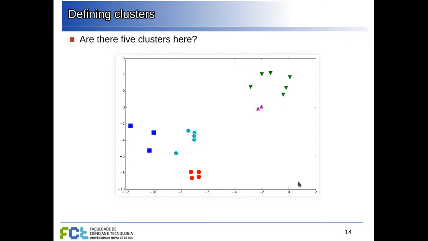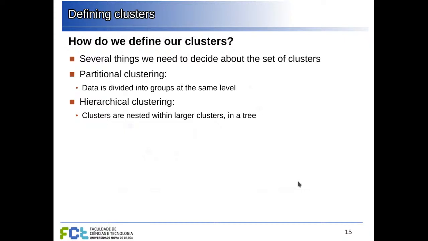So there is this problem that depending on what we tell the algorithm, we often get different numbers of clusters, and this is not necessarily wrong because it depends on how we want to interpret the data, what our criteria are for clustering the examples.